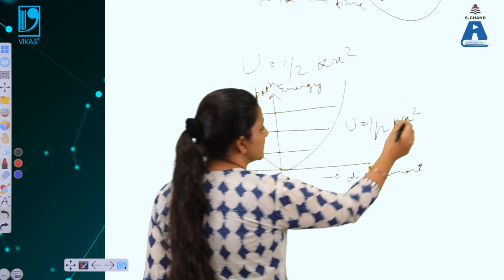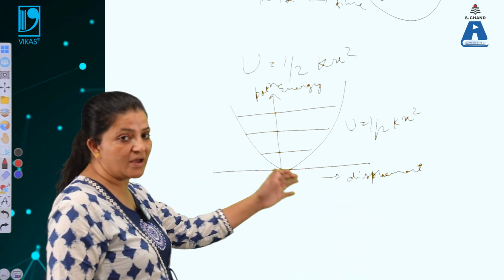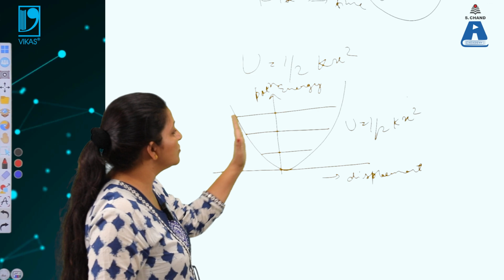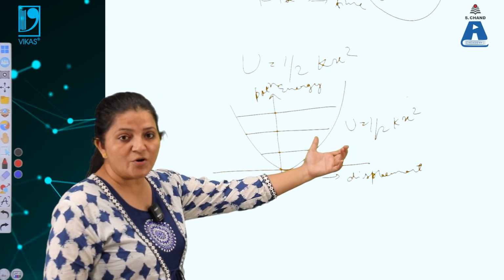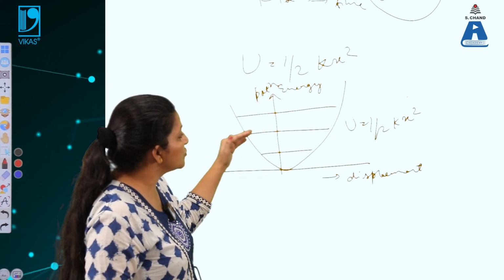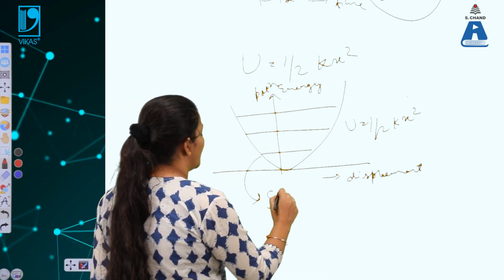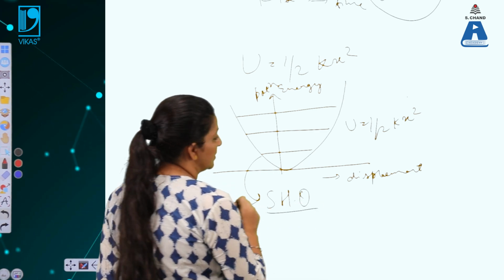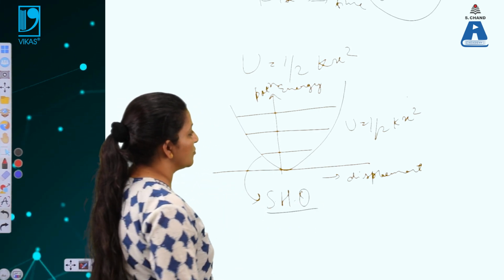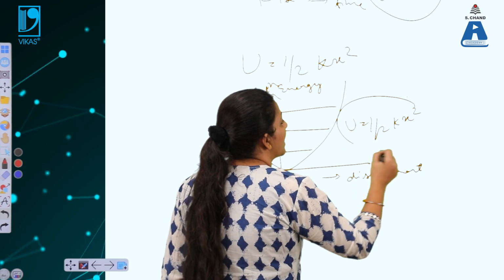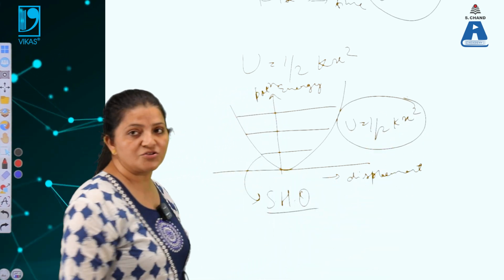Now when x is positive or negative, along both ends this energy will be positive. So this is known as a potential well, or the energy associated with the simple harmonic oscillator. This is also known as the restoring energy.